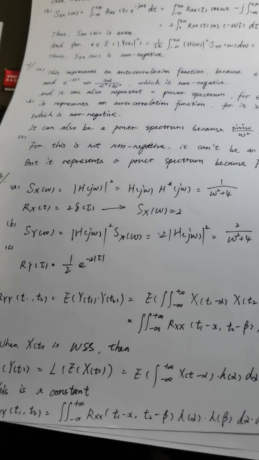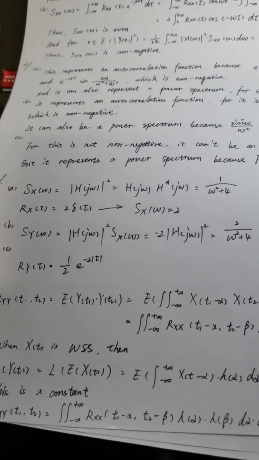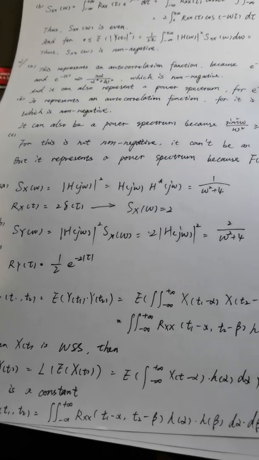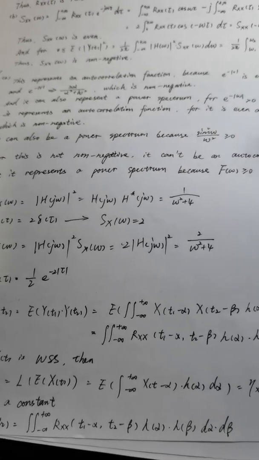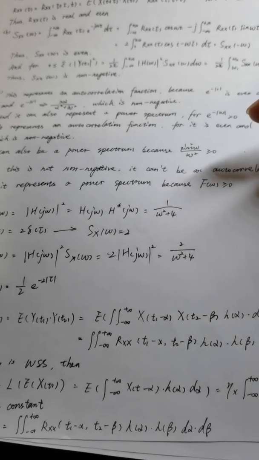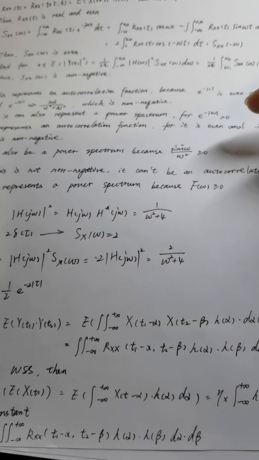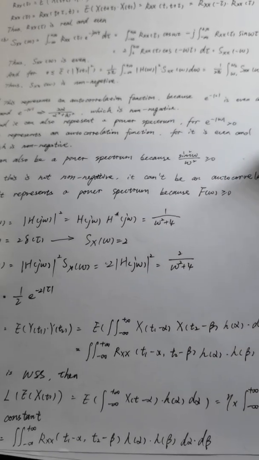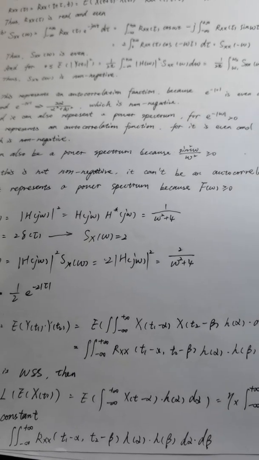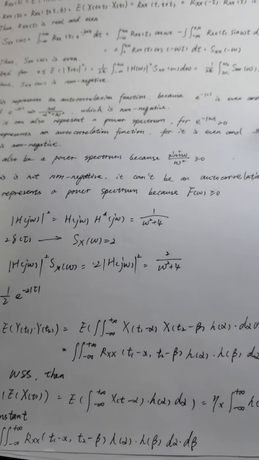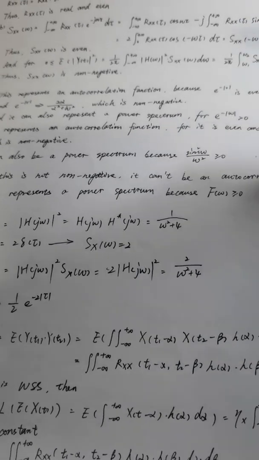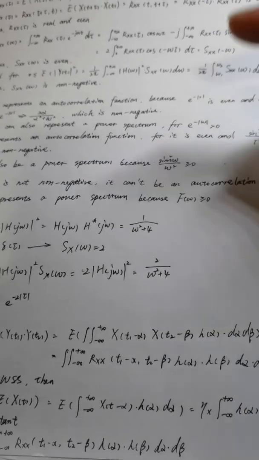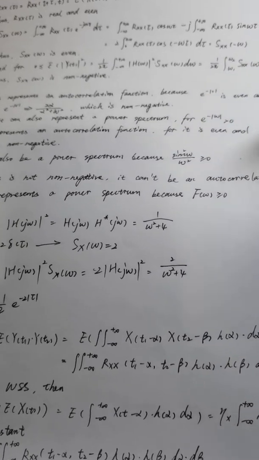And for the second one, f(v) equals sine v squared divided by v squared. We can see it may represent an autocorrelation function because it is even, and it has an upper bound: the limit when tau gets closer to 0 is 1.